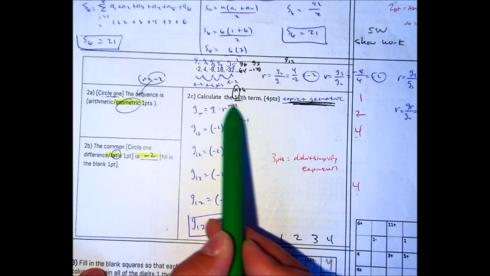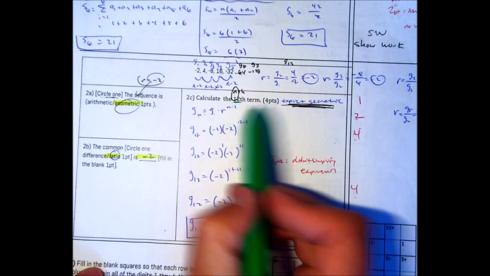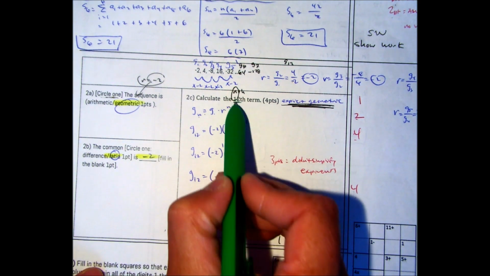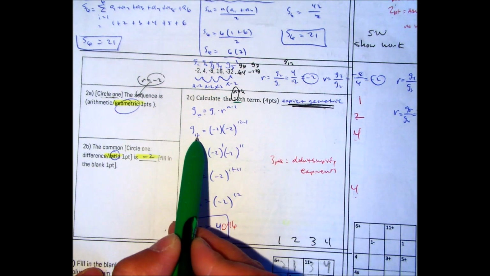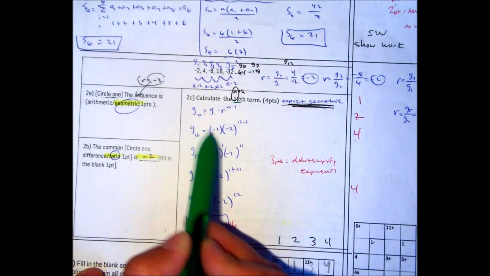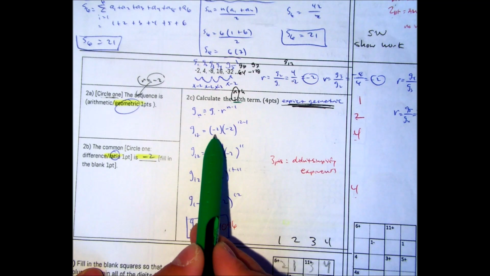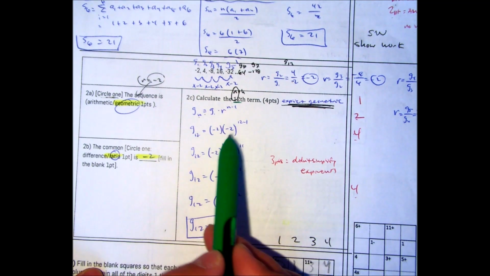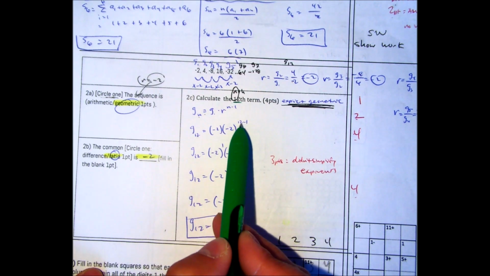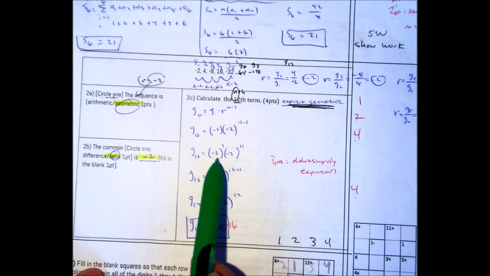This is a base and this is the exponent. I need to find the 12th term, so my n value is equal to 12. G12 is equal to my G1 value, if you number out your list, is -2. Your r value is also negative 2, and then the exponent is 12 minus 1.